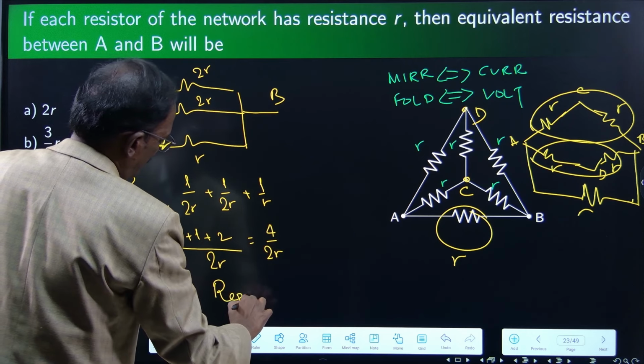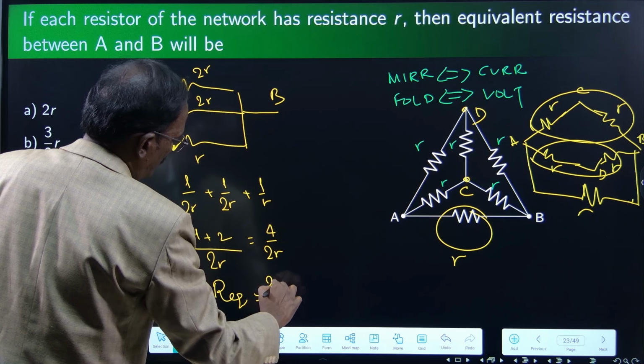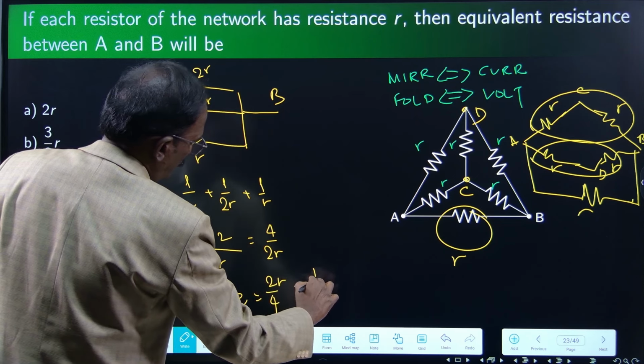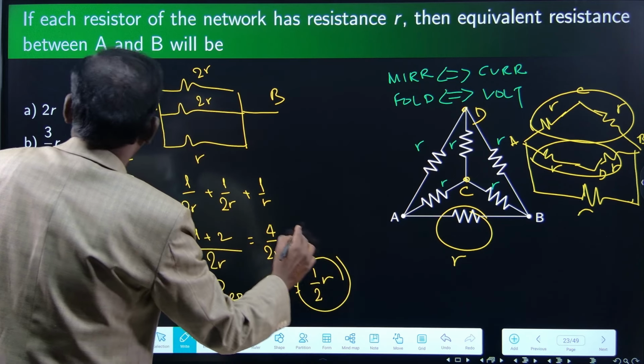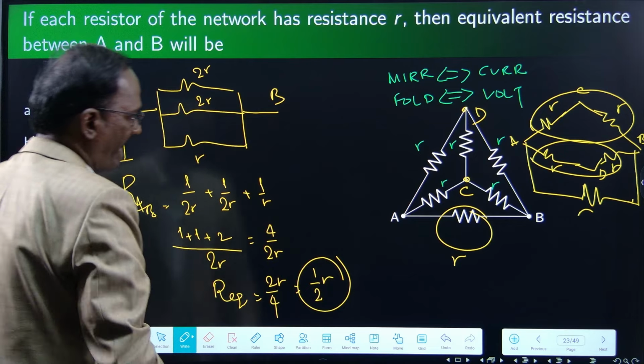Then if you invert it, 2 by 4R, that is 1 by 2R. Answer is R by 2, option D.